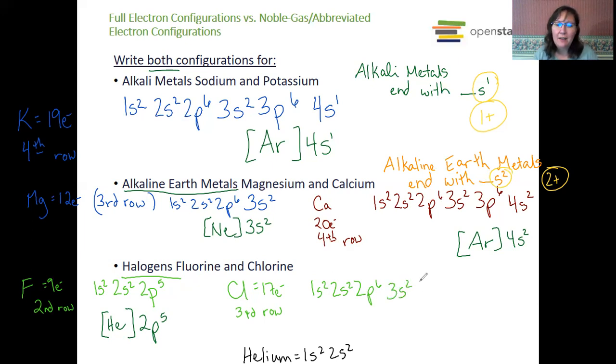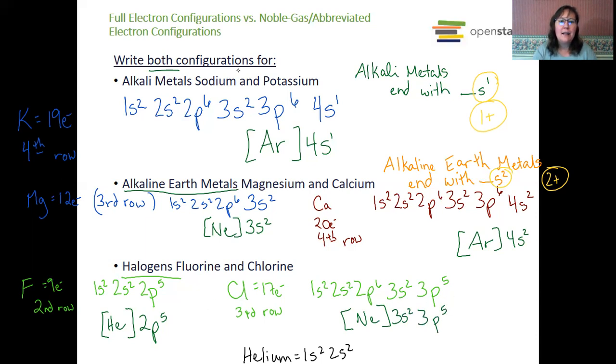And then we have 5 electrons in our p block. So 3p5. Okay. So now you can see that we come to our last P6 here, and we can see neon, and then we have 3s2, 3p5.